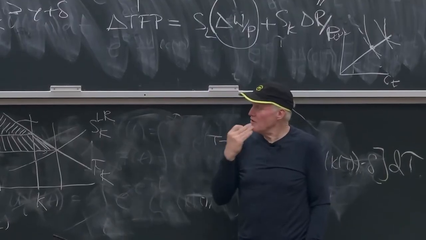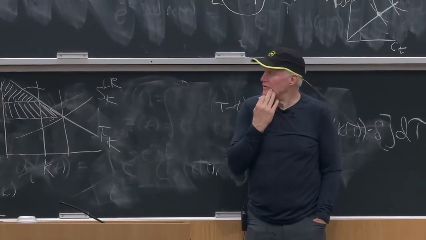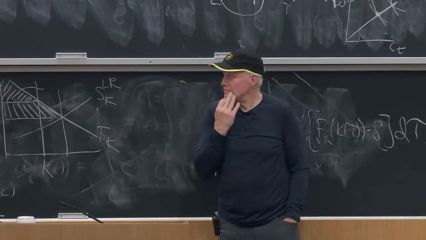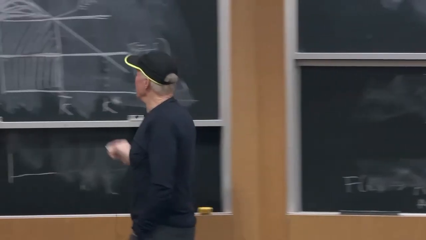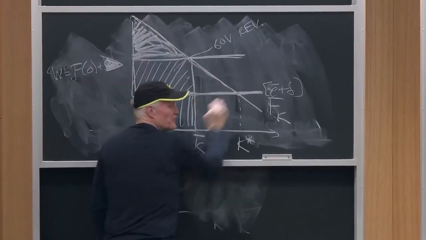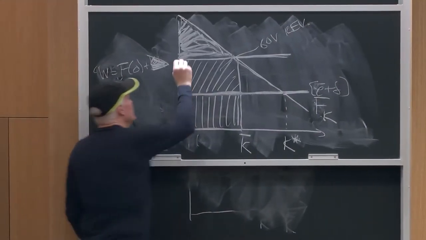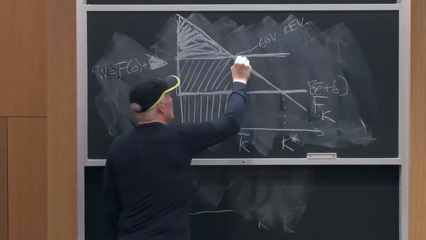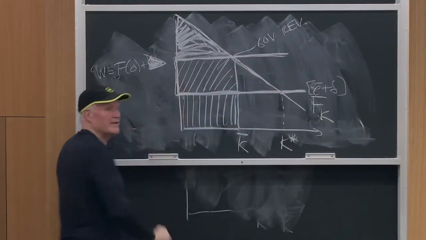Well, first off, who's paying the tax? Who's paying the tax in this world? Well, the real wage would have been this area plus F0 if there hadn't been a tax on capital. Instead, the real wage is this area plus F0. So the workers have lost out from this capital tax to the tune of that trapezoid, right?